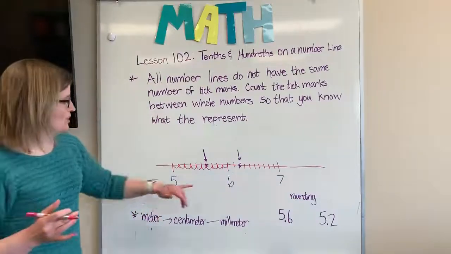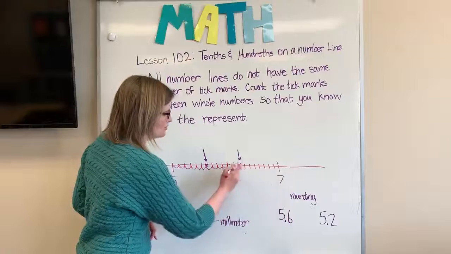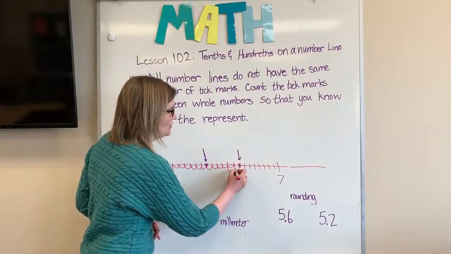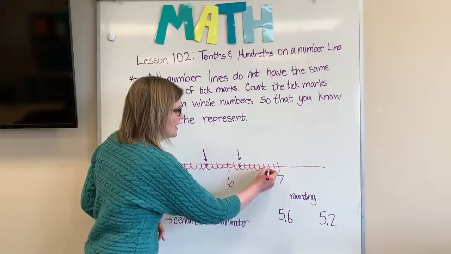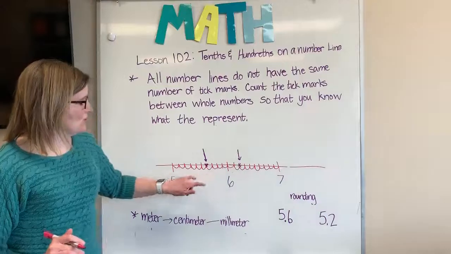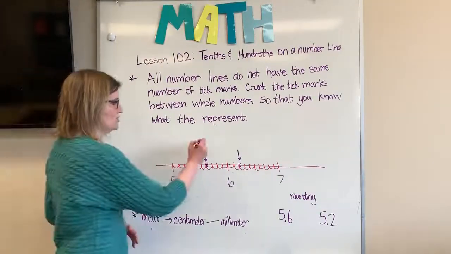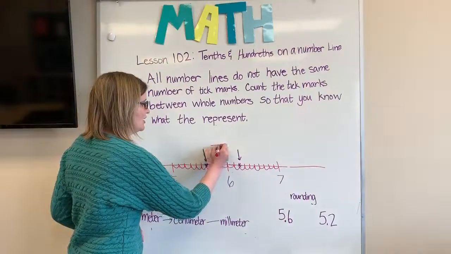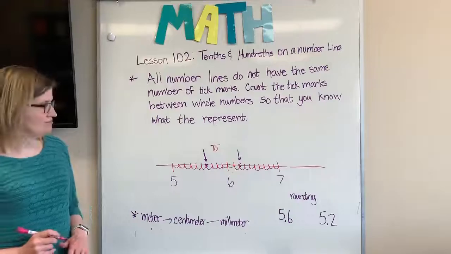That lets me know that there are 10 tick marks in between. The same will hold true for this, but we'll verify. 1, 2, 3, 4, 5, 6, 7, 8, 9, 10. So, because we know that there are 10 tick marks between this, we also know that the denominator of our fraction will be 10.